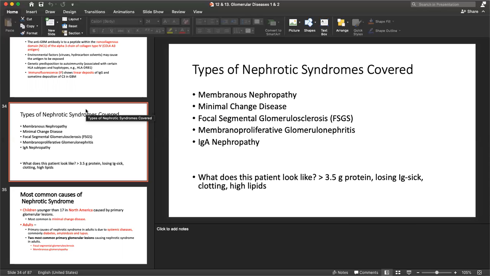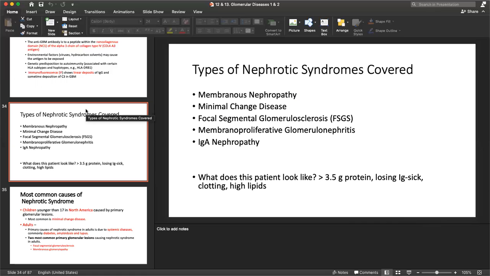So something I would think about is that these, just like the other ones, I would sort of get a picture. One of the things that I would think about is which one is either nephritic or nephrotic, and then which one's more common in kids versus adults.